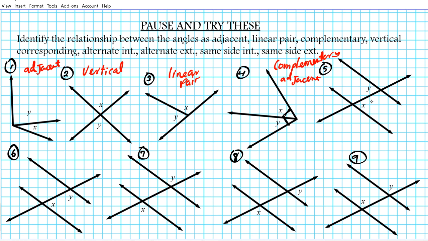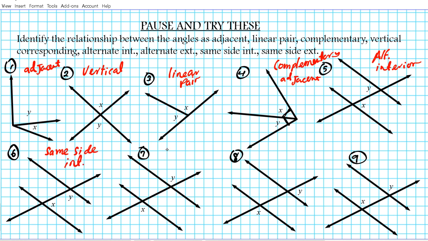All right, and number 5, these are alternate interior angles. Number 6, these are same side interior.